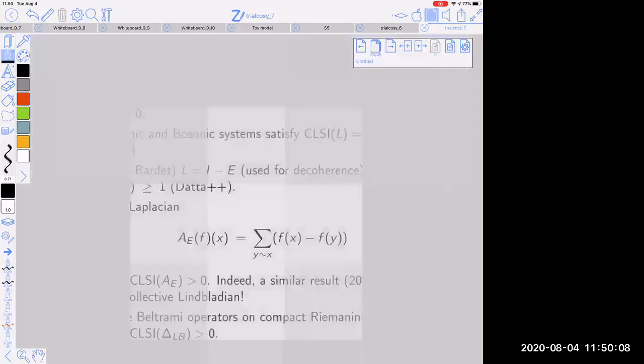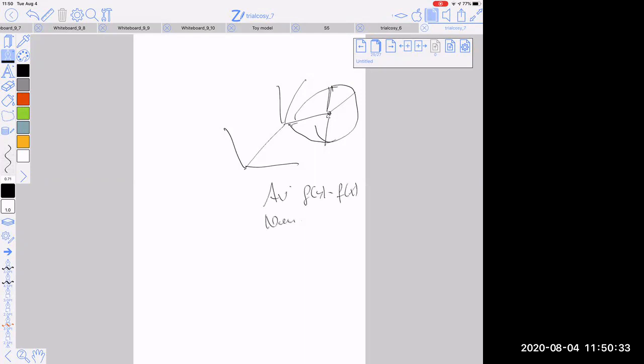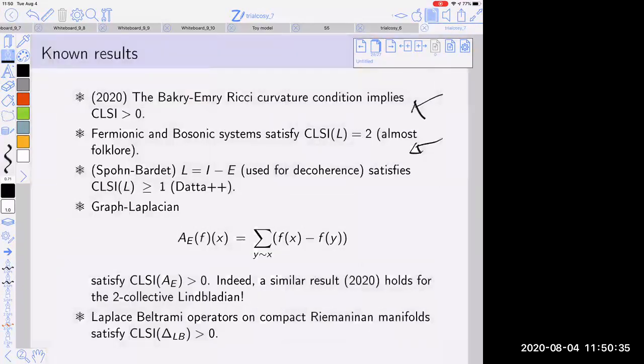If you have a graph, then for every point you have some nearest neighbor interaction, and what you do is you somehow average every point around its neighborhood, and that is the graph Laplacian. So we take f of y minus f of x, and we average that over all neighbors. For those objects, we do have results.